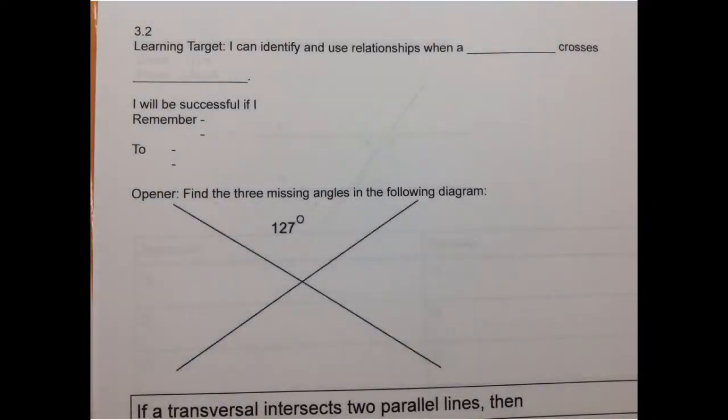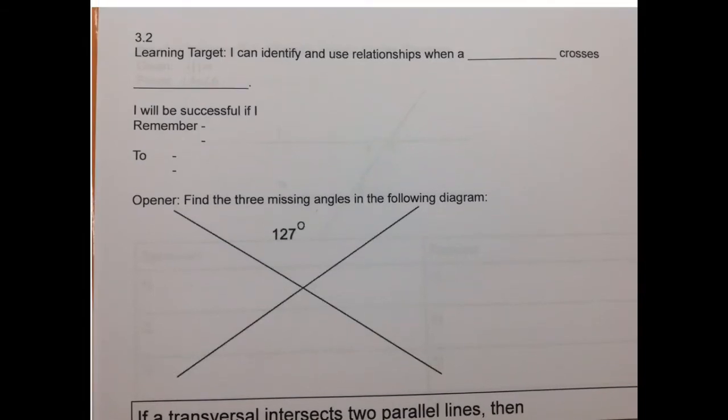I can identify and use relationships when a transversal crosses parallel lines. So in the last section we talked about what angle pairs are formed when a transversal crosses lines. Today we're going to talk about that in parallel lines.